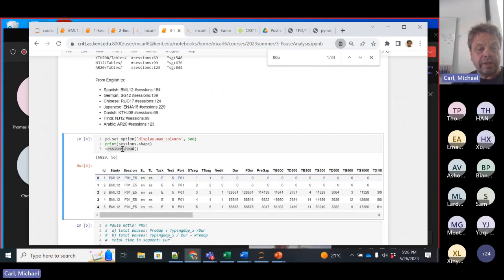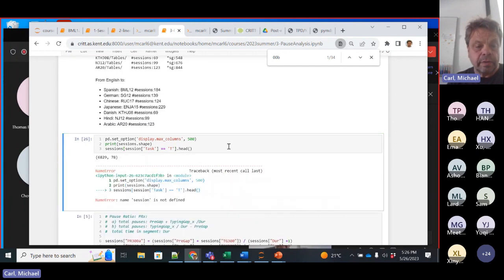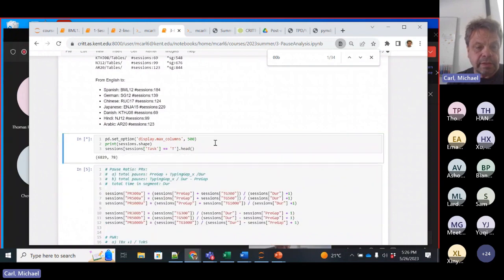We can also, for instance, pick out only the translations. How would we do this? We would say task equals T, and then take the head of this. And the sessions has an S missing here.